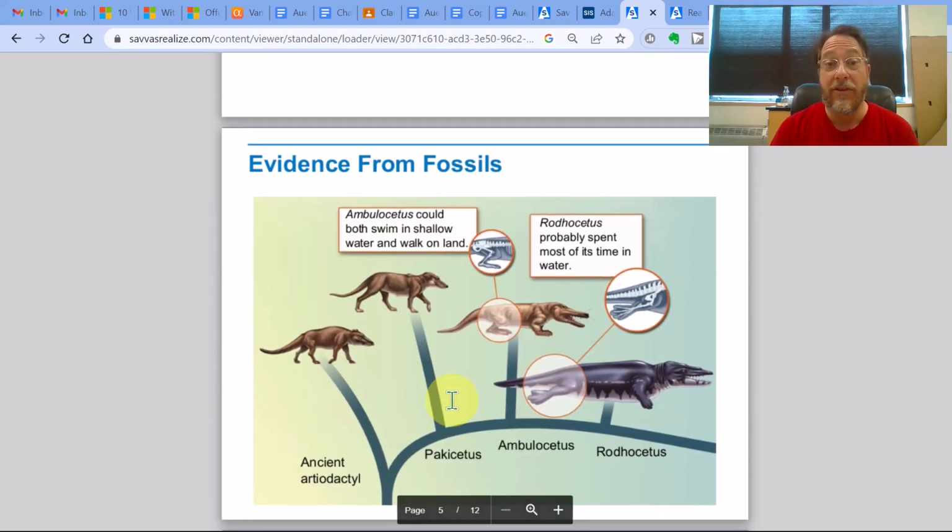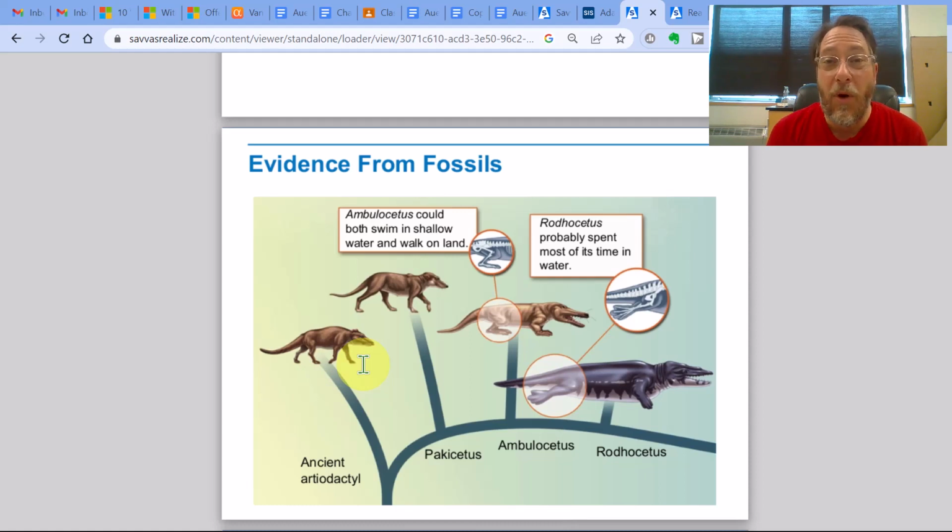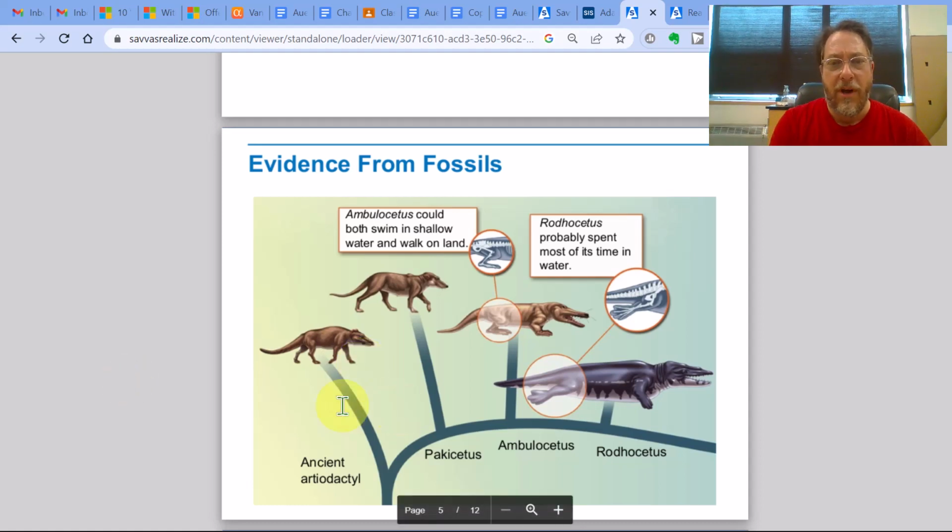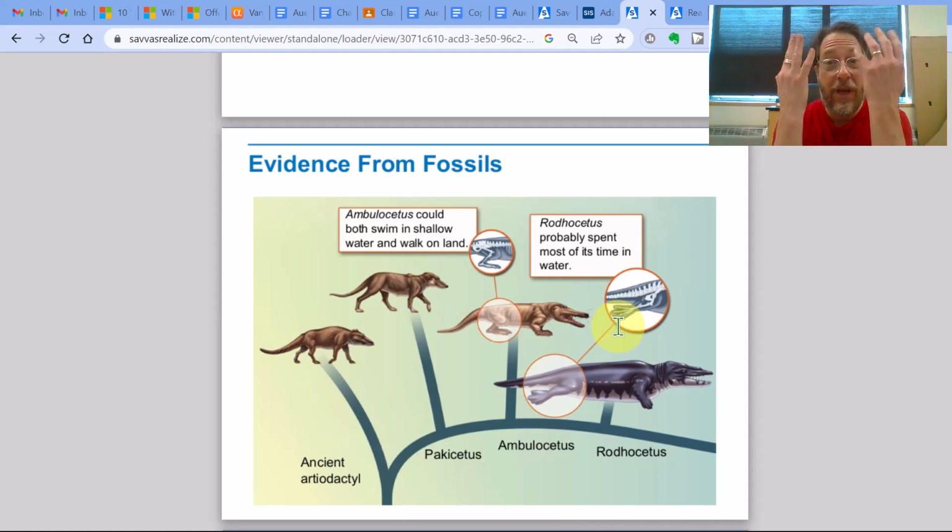A lot of people don't know this, so this is new, but this ancient animal lived, we suspect, like a lot of things that become aquatic, near the water, and either it was going into the water to look for prey, or it was going into the water to get away from predators. We don't really know. But we know that this thing started to spend more and more time in water, and at some point, its ancestors began to change the way their legs were, eventually really starting to lose those feet to a flipper situation, even though the bones inside are still the same bones that we have in our bodies now.